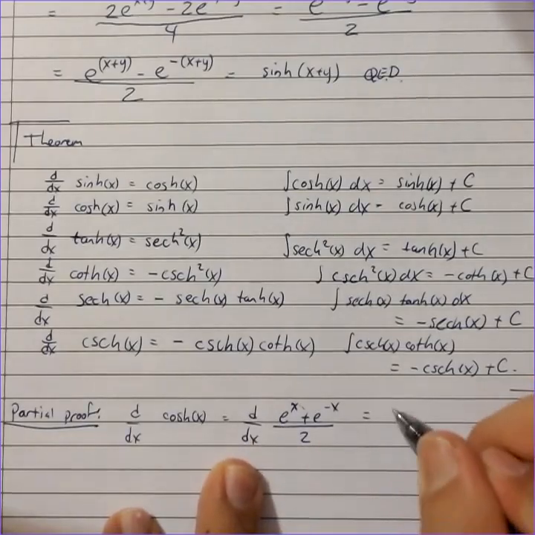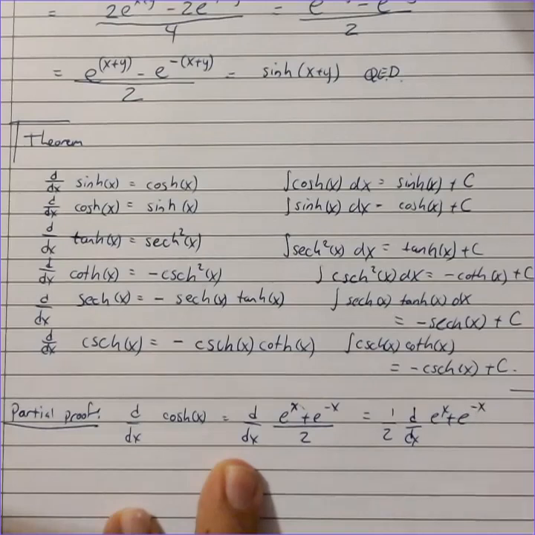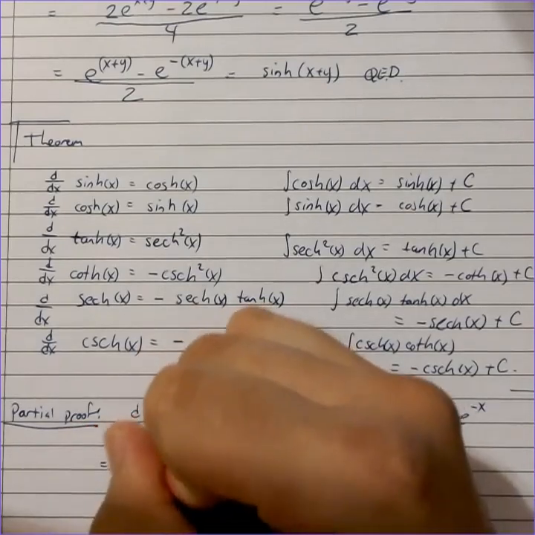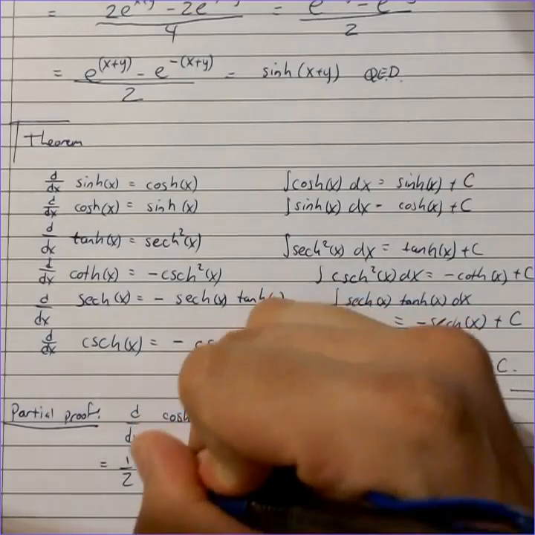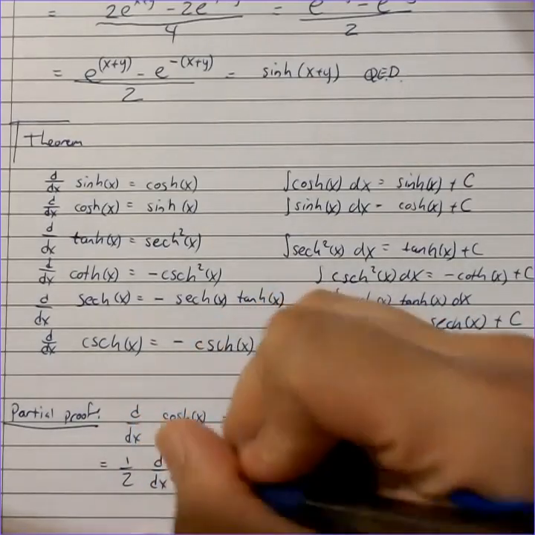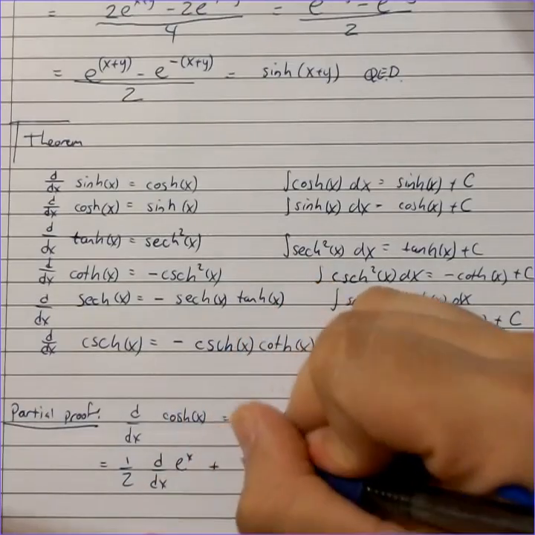So we can go ahead and write this as 1/2 times d dx of e to the x plus e to the minus x. Okay, well, that's going to be 1/2 times, we can take the derivative of each of these on their own. After all, the derivative is a linear operation. So that's the derivative of e to the x plus the derivative of e to the minus x.